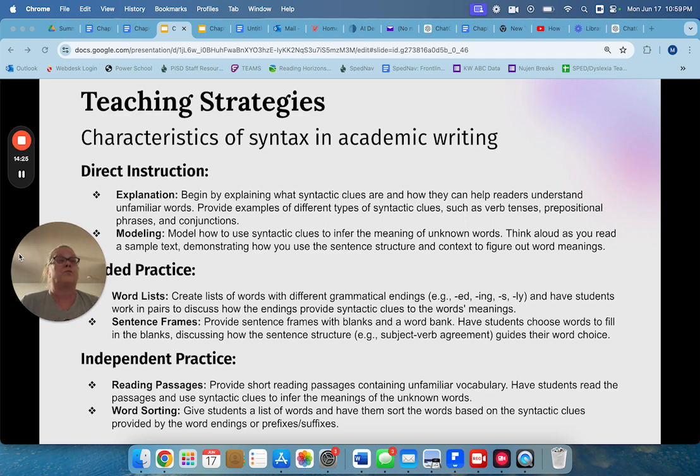And then the last one would be word sorting. By engaging them in the word sorting based on syntactic clues from the word endings or the prefixes and suffixes. And, again, it's just giving them words and giving them things like ing or ed or pre, things that go in front or back, and seeing how they can start working those into that direction.